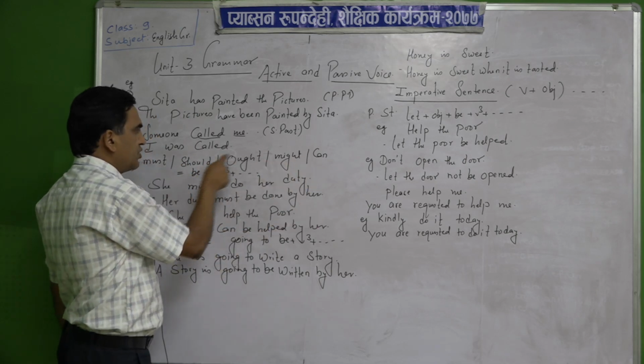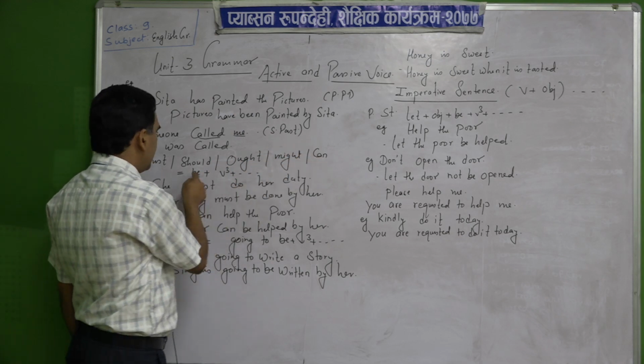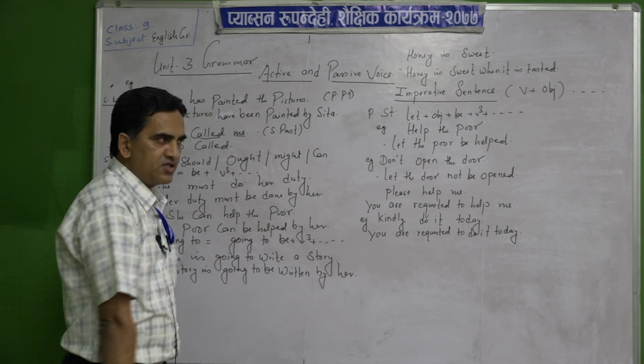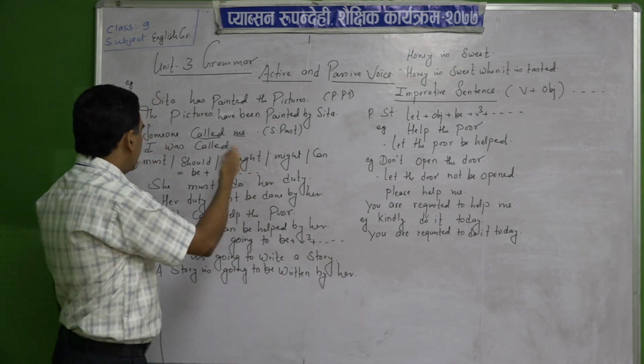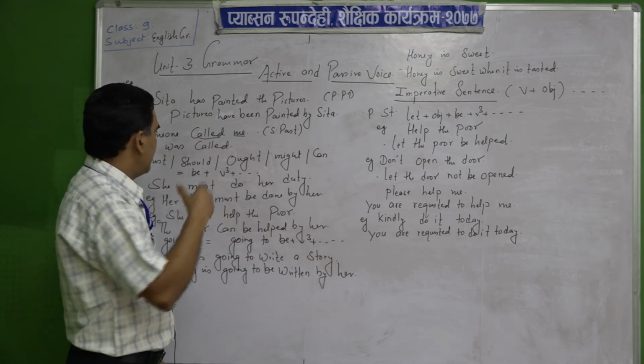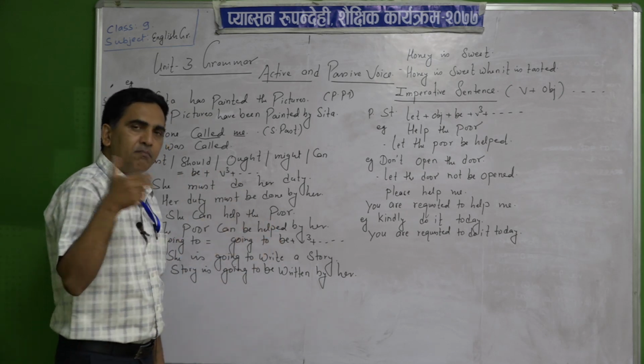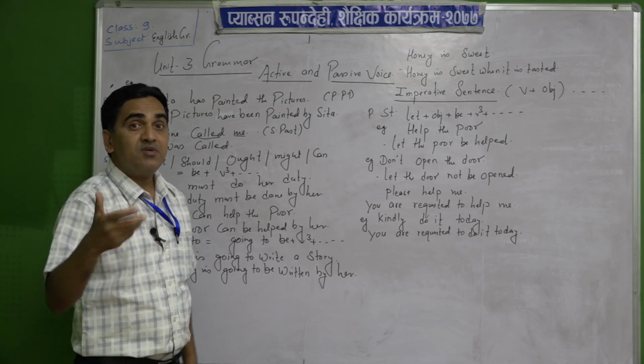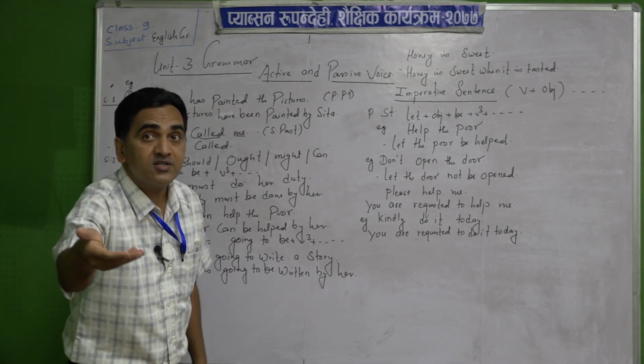Object plus must, should, ought, might, can, be plus B3 plus the remaining sentence order. Must be plus B3, should be plus B3, might be plus B3, ought to be plus B3, can be plus B3.